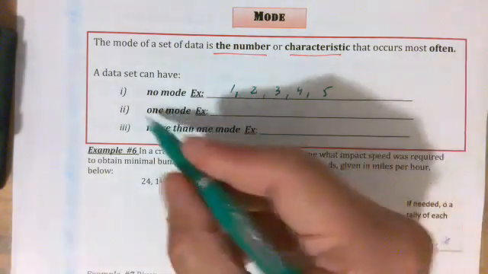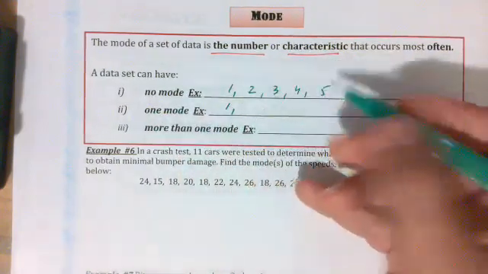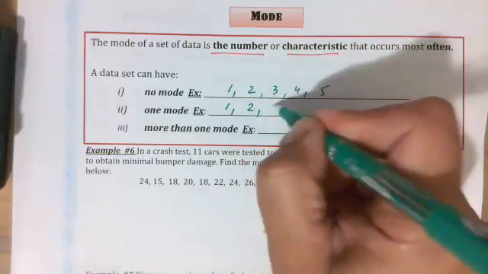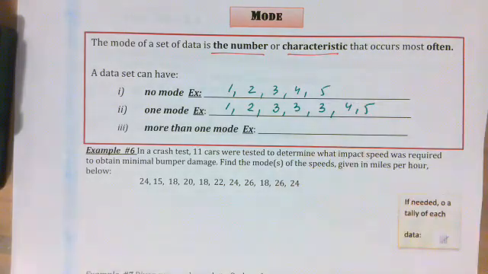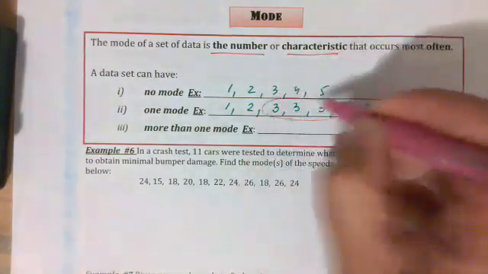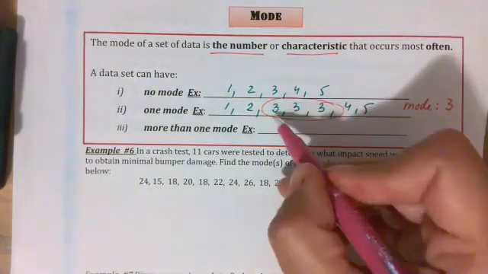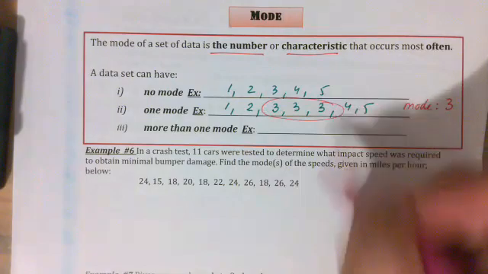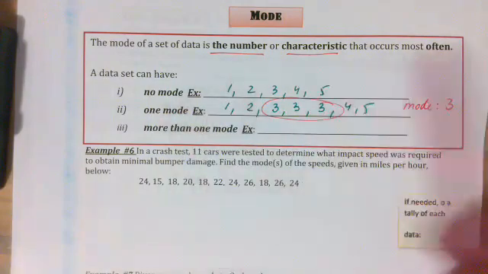But if I have a data set with one mode, one of the data appears more often. So 1, 2, let's do 3, 3, 3, 4, 5. In this situation, I have one mode, the number 3. So the mode would be number 3 because it appears most often. And we can have more than one mode if multiple pieces of data are as frequent as the other ones.